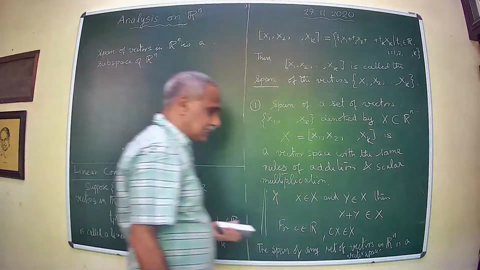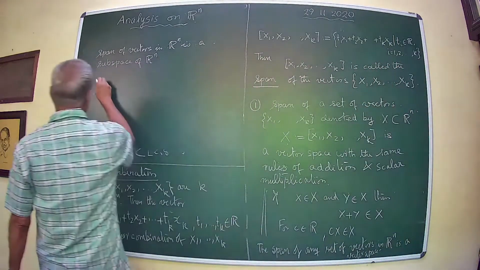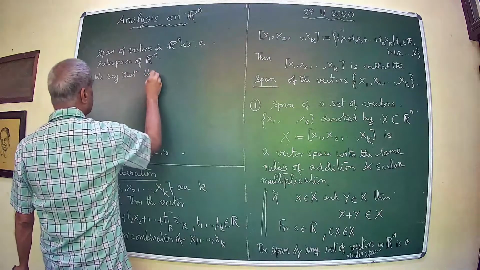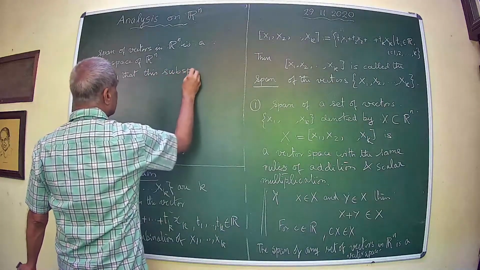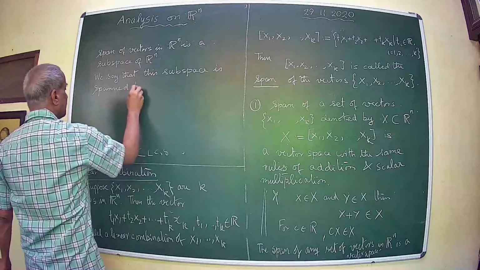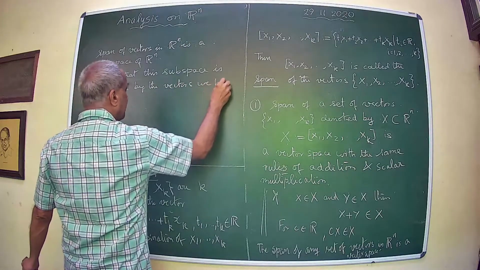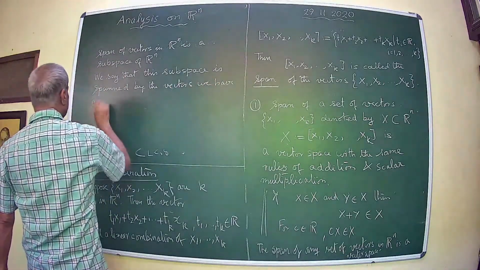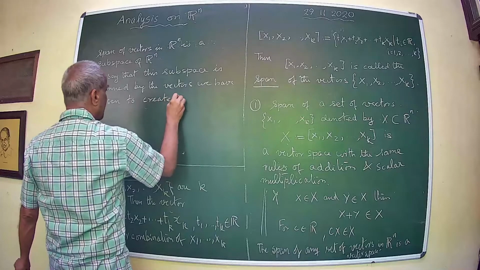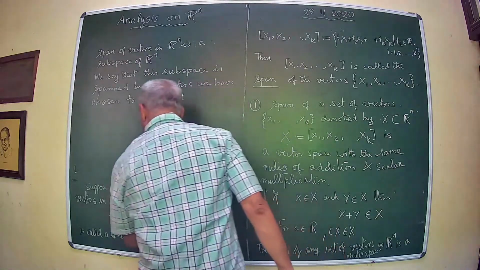And you say that this particular vector space, this subspace, is spanned by the vectors we have chosen to consider, through linear combinations. So that is the idea.